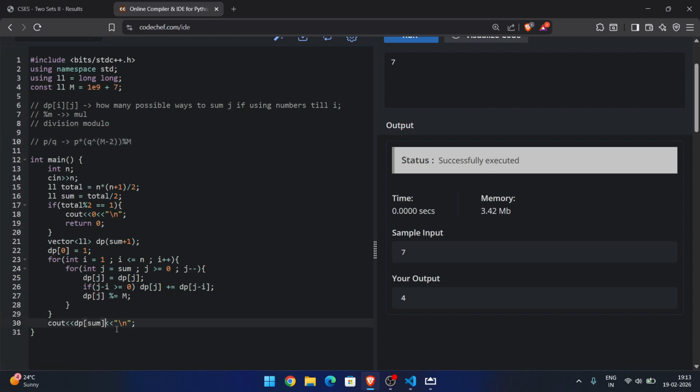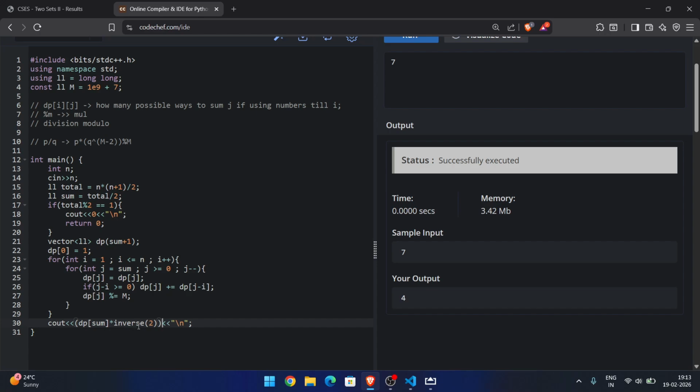So because of that, we can't simply divide directly. We will take the power of 2 and minus 2, or we can say the power of the inverse of 2.